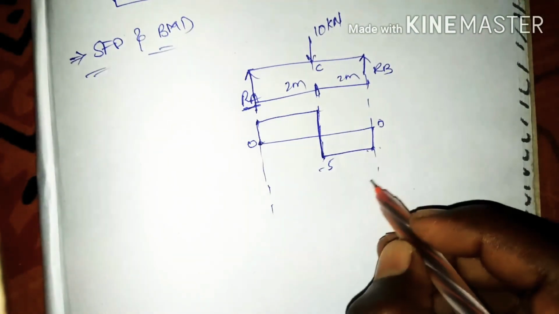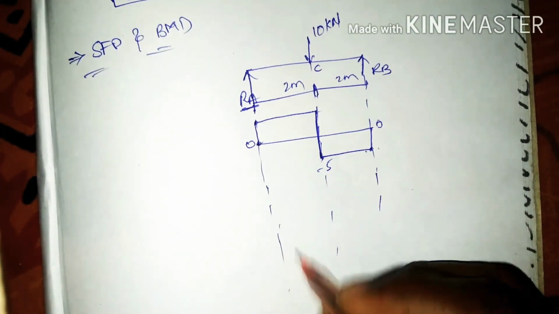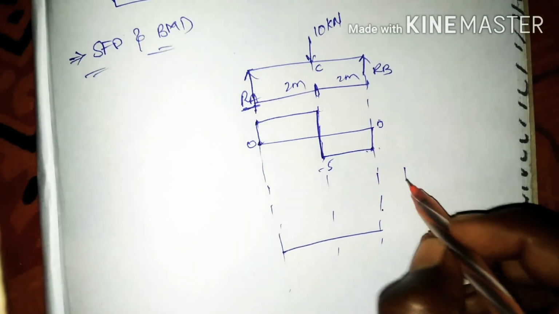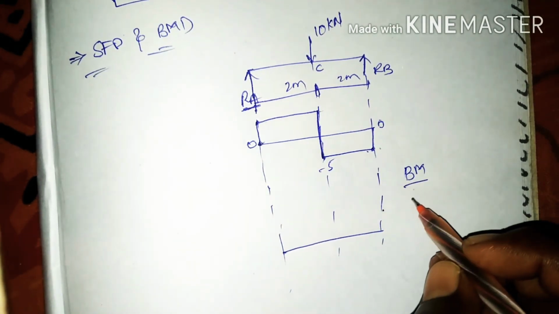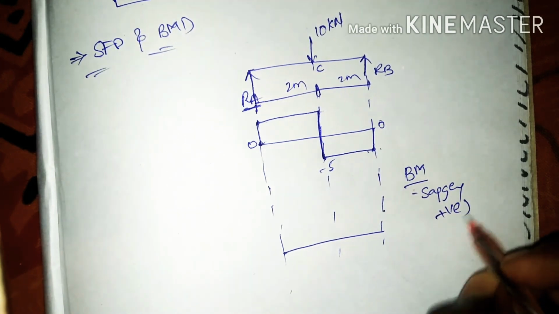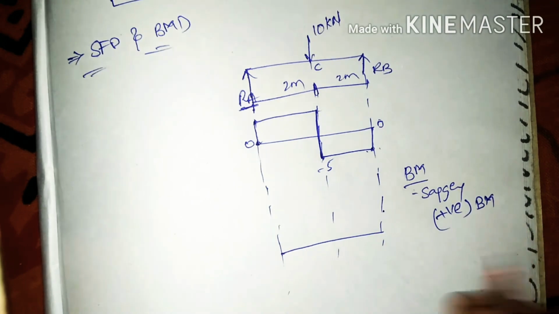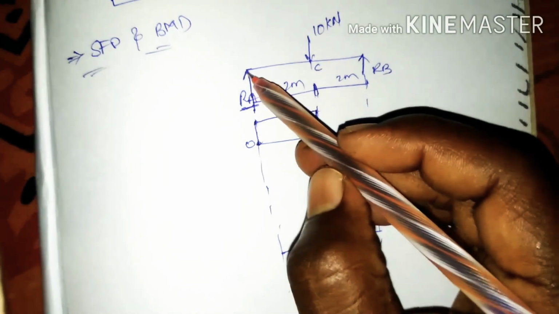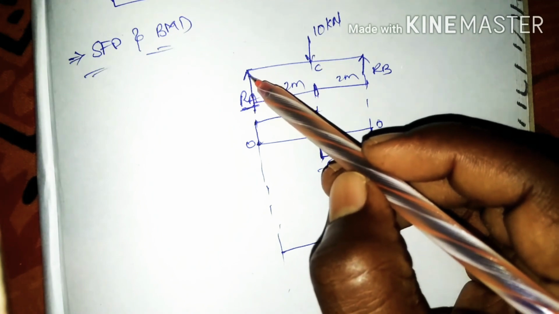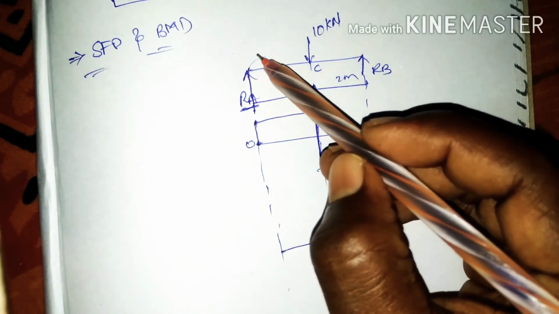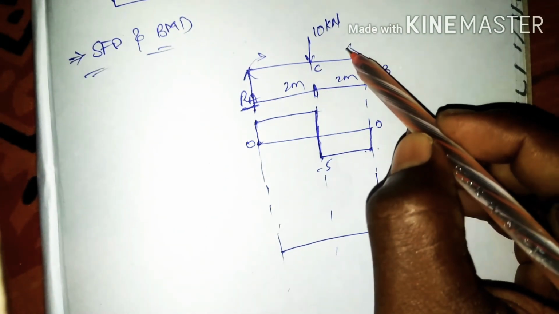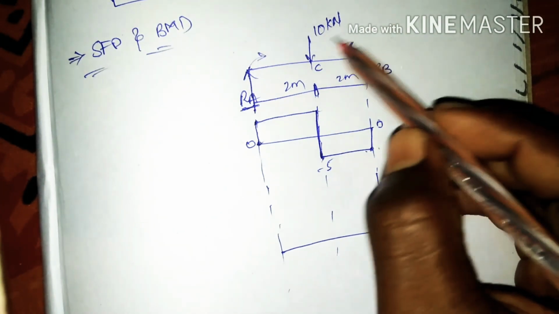Thereafter, with the same points, the bending moment of the simply supported beam is a sagging moment or positive bending moment, because let us consider this support is taking the moment in a clockwise direction, and here also it is taking the moment in an anti-clockwise direction.